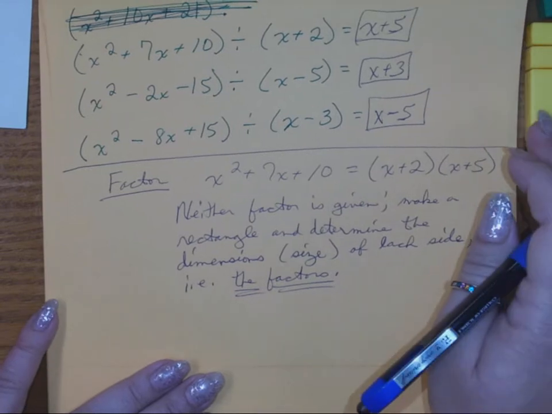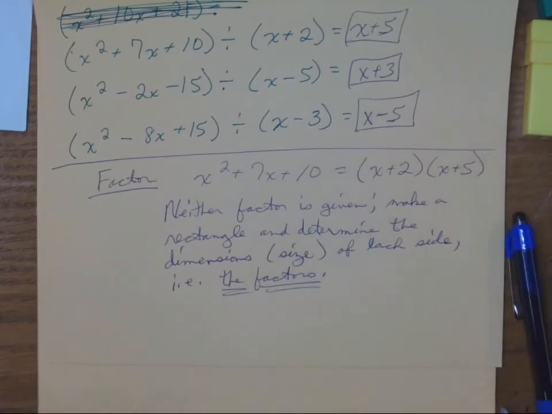That's what we're going to do. So that's your process if you need a factor instead of divide. Just make a big rectangle out of all of them. You're going to be in 1, 2, or 4 quadrants. Make a rectangle no matter what, and then determine the size, the dimensions of each side, and those will be the factors.